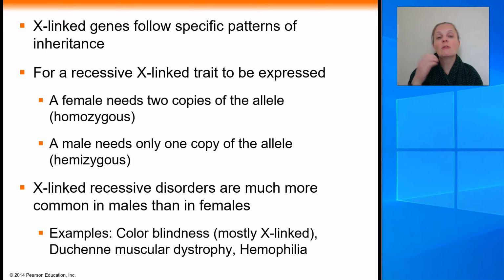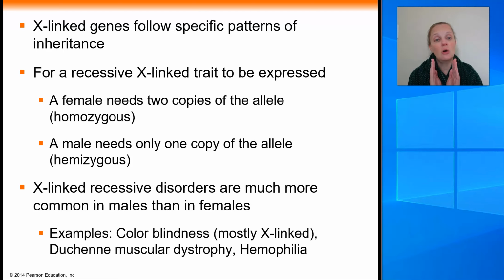And so if you have a gene that has everything to do with a disorder, and this gene is located on the X chromosome, males and females need to inherit different copy numbers or different numbers of these recessive mutations in these genes to actually show that particular disorder. So for example, females have two X chromosomes.